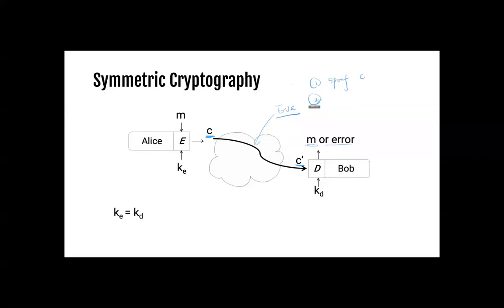And if Eve changes the message, then Bob will be able to detect the change. If C got changed and Bob gets another C prime, which is different from C, then when C prime is not equal to C, decryption with the key will output an error.